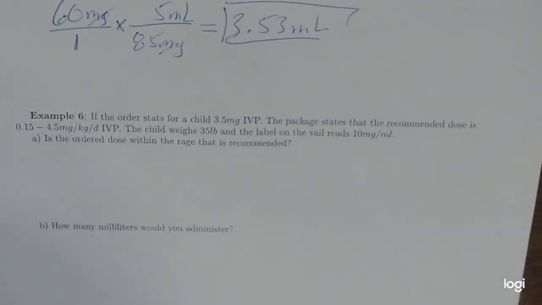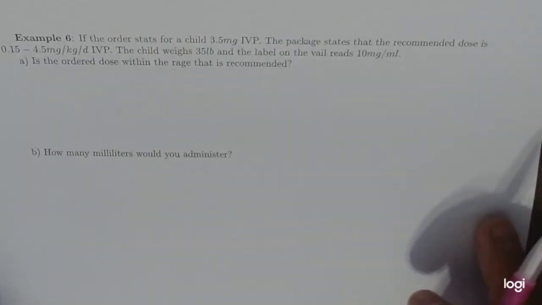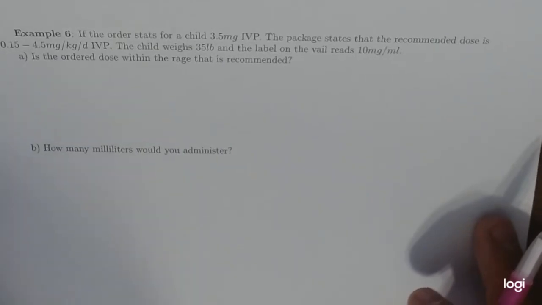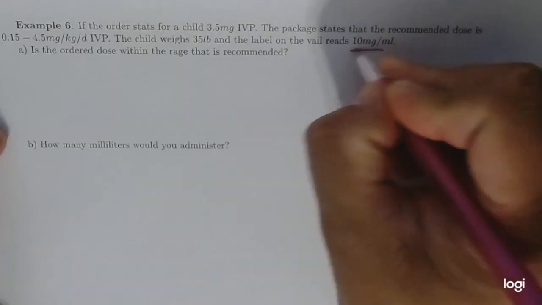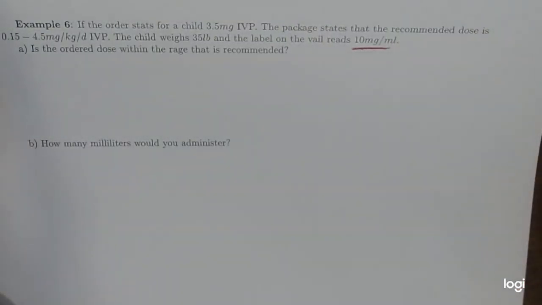The order states for a child 3.5 milligrams IVP, so push. The package states that the recommended dosage is 0.15 to 4.5 milligrams per kilogram per day IV push. The child weighs 35 pounds, and the label on the vial says 10 milligrams per milliliter. The question is: is the ordered dose within the range that is recommended?